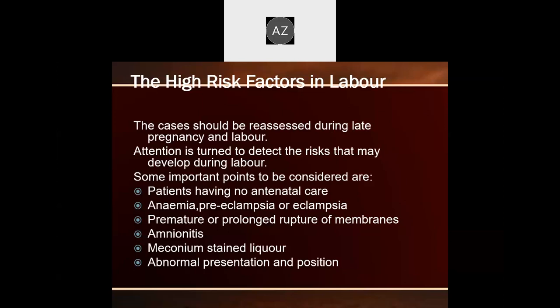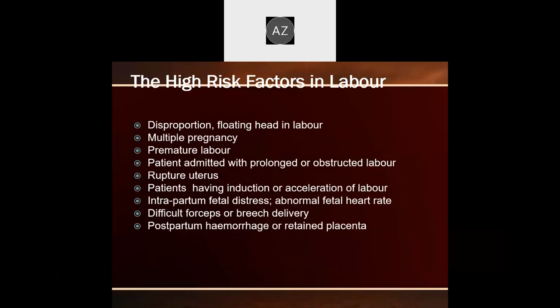But now here you can have intra-labor high risk factors. The mother has never attended an antenatal clinic. It's high risk because you don't have the history, you don't know anything, and she is in labor. And then anemic mother, premature or prolonged rupture of membranes, amnionitis, meconium staining, all these jeopardize the mother during labor.